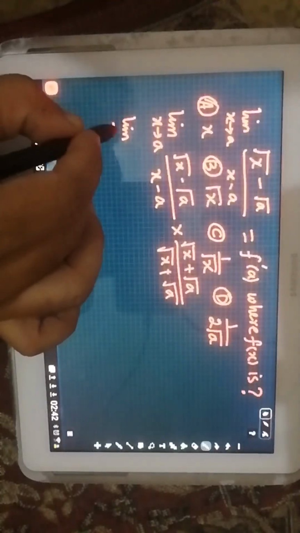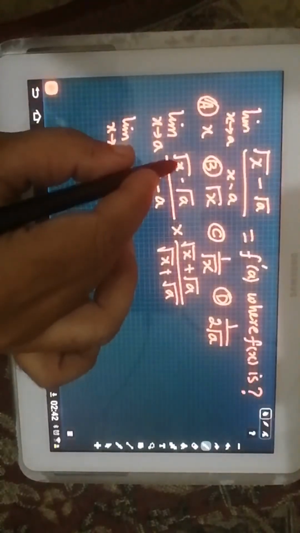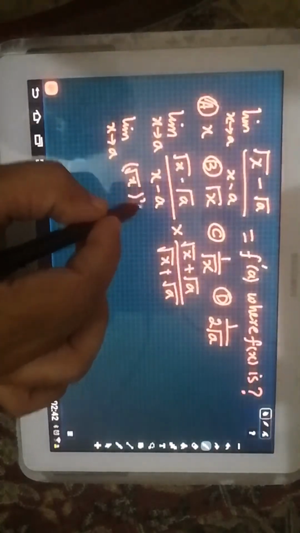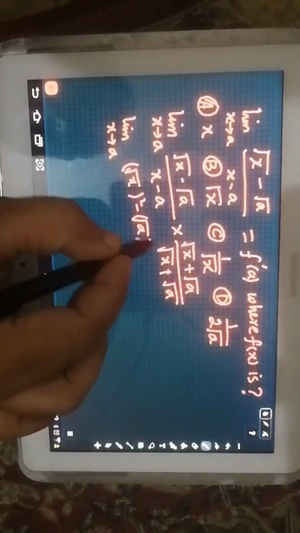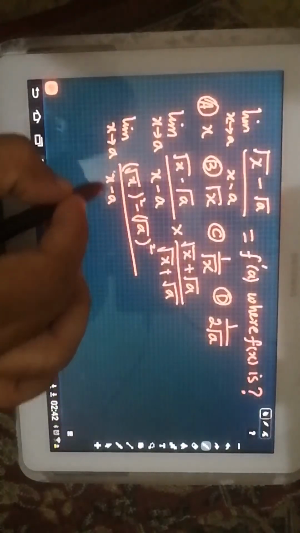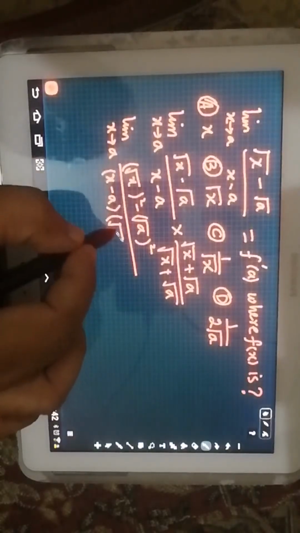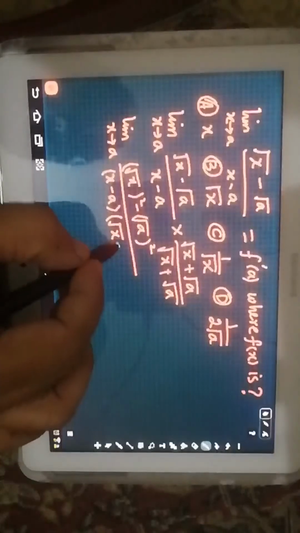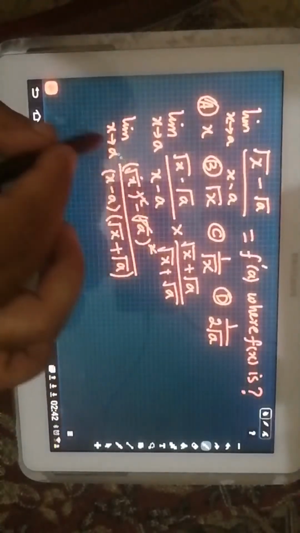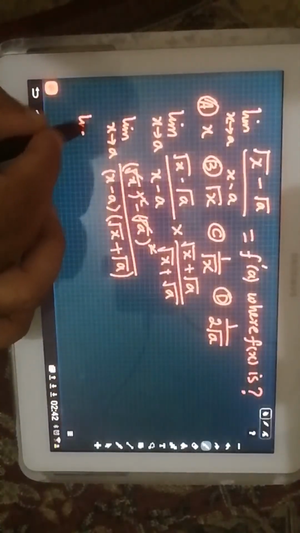So then what does it lead us to? (a plus b)(a minus b) makes a square minus b square, and the denominator is the product of x minus a with this irrational form, square root x plus square root a, and we can see root and square cancel each other. Then what do we have?